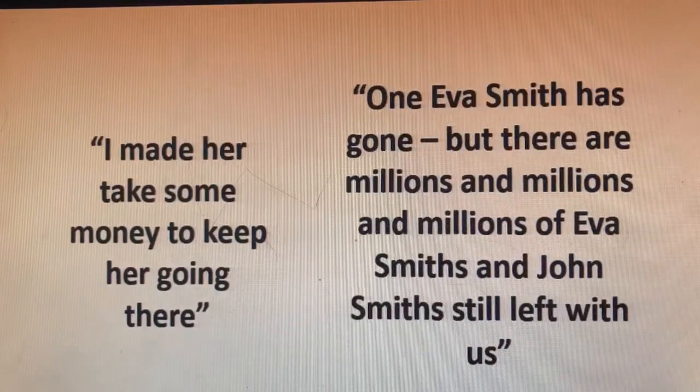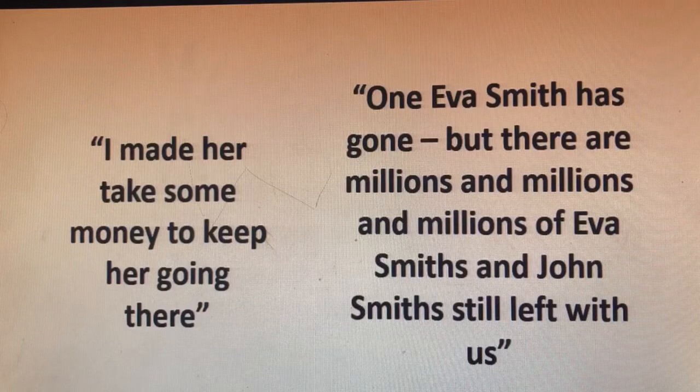"One Eva Smith has gone, but there are millions and millions of Eva Smiths and John Smiths still left with us," is a quote from the Inspector himself. We've got exaggeration there of how many different workers there are through the repetition of "millions and millions." We're supposed to reflect on exactly how many Eva Smiths there are compared with the upper class.